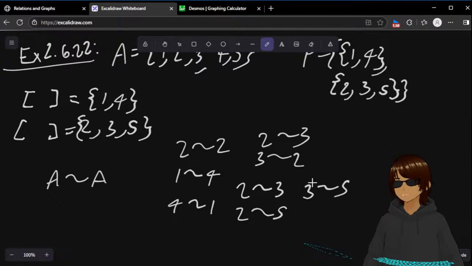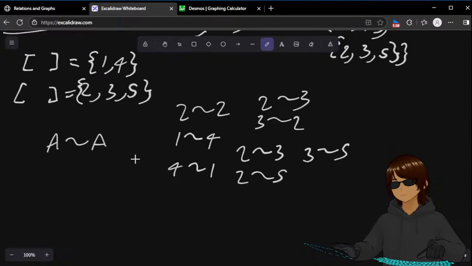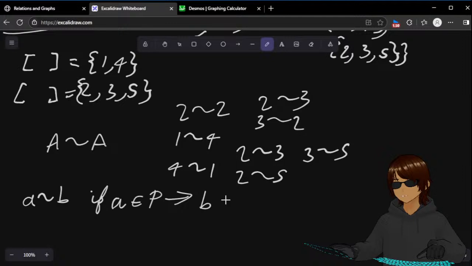Okay, let's define a relation. If this is a prime, then this is also a prime. If this is not a prime, then this is not. So I will define a relation A B if A is prime, then B is prime.